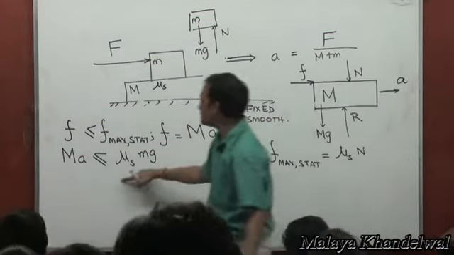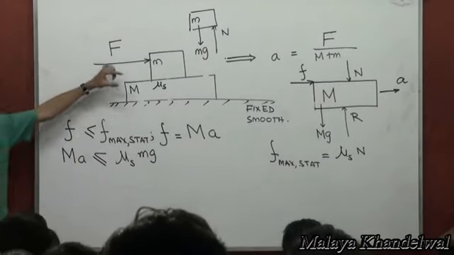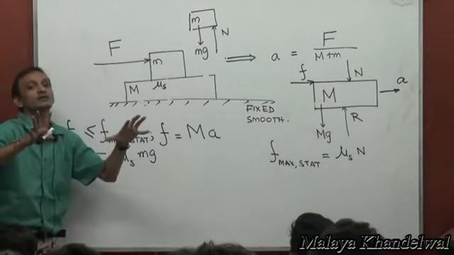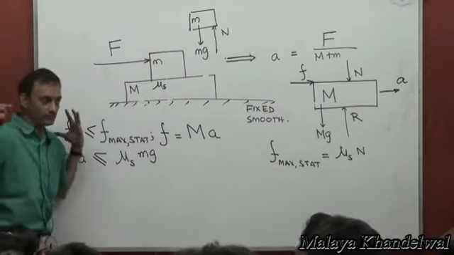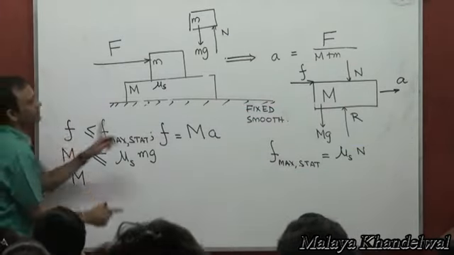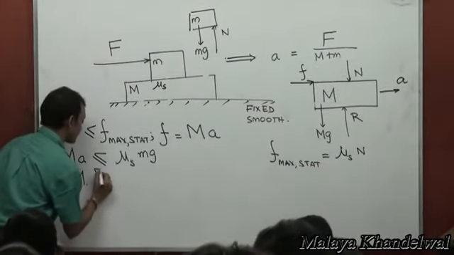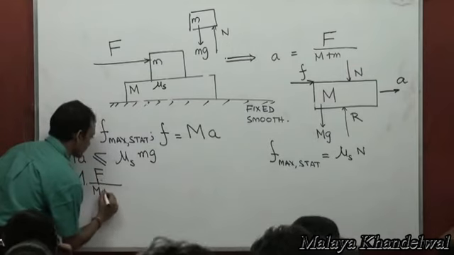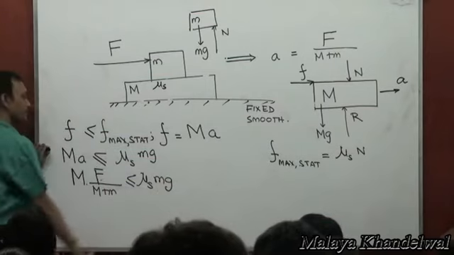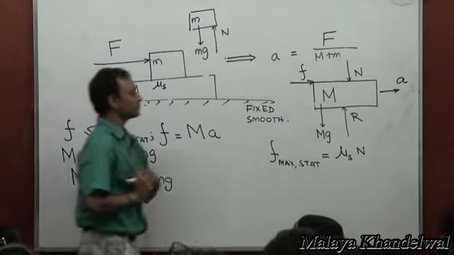So this must be the condition to be met so that there is no relative motion between the two surfaces and the force of friction between small m and capital M is within its limiting value, right? So capital M into A, like we've seen, is capital F by M plus small m, less than or equal to mu s into mg, right?